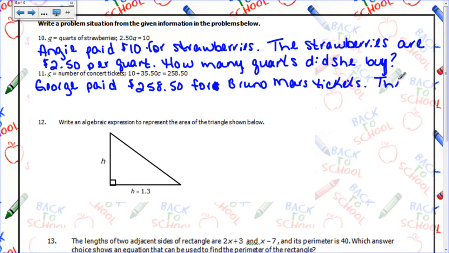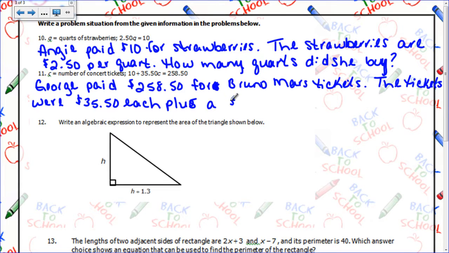The tickets, apologize for my handwriting, it's looking bad today, were $35.50 each, plus a $10 service fee. How many tickets did he buy? There is your problem situation.